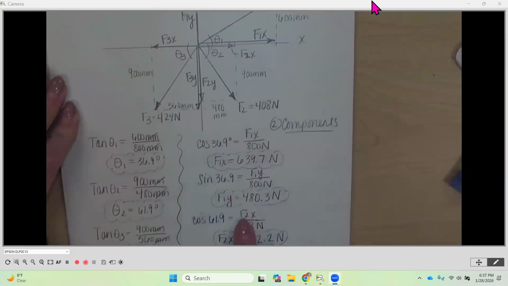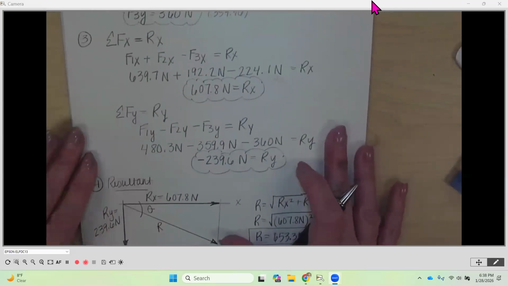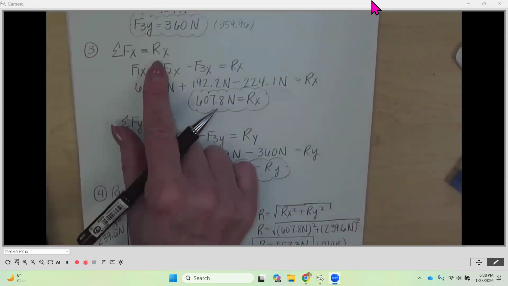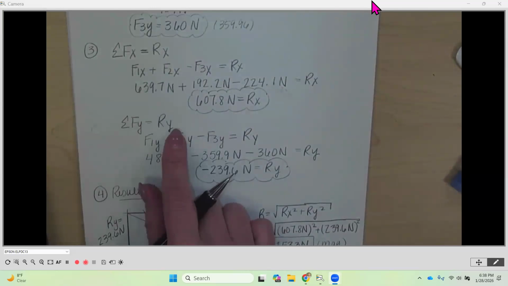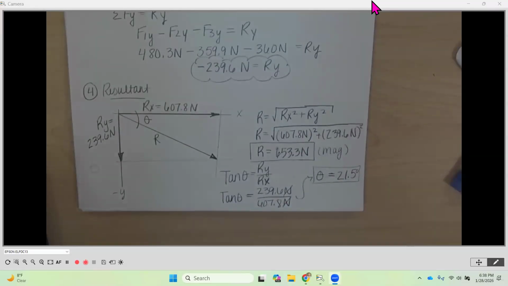And then we calculated using those angles the components of each one of those forces, the X and Y's. Once we got those, that's where we continued on today. We summed our forces in the X to get that resultant X component, summed the forces in the Y to get the resultant Y component. And then we use those to find the resultant magnitude and direction.